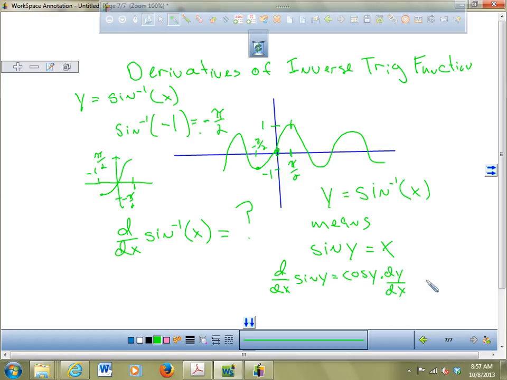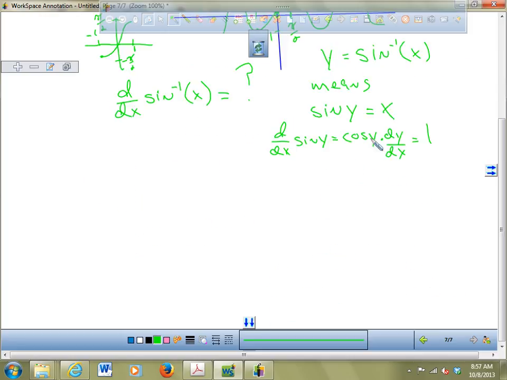Very good. What's the derivative of x? 1. So I get cosine of y dy dx equals 1, which means that dy dx has to be equal to what? 1 divided by cosine y.